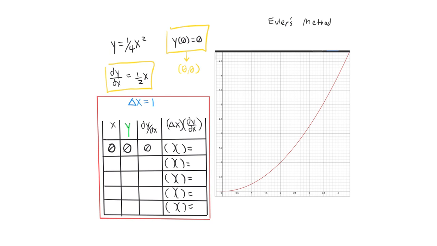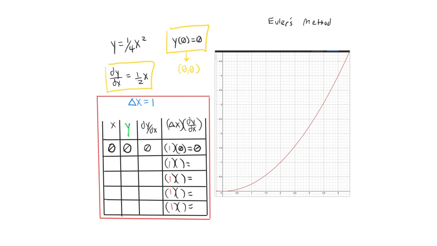Then I move to this column here, where it's going to be the step size times dy over dx. The step size is just 1, so I'm going to write that all the way down the line because we're going to be doing that every time. So it's going to be 1 times whatever dy over dx is. So that's clearly 1 times 0, which is just 0.